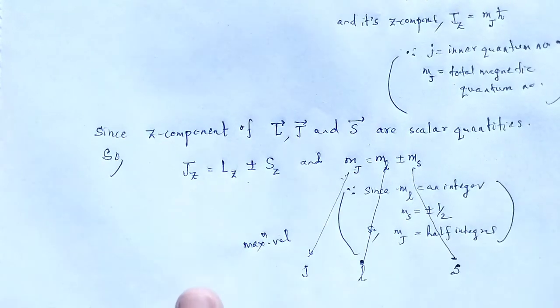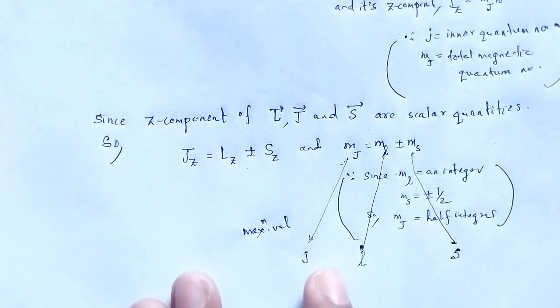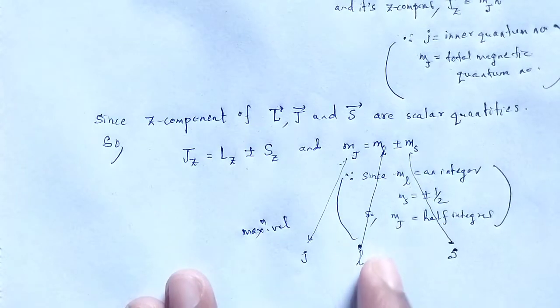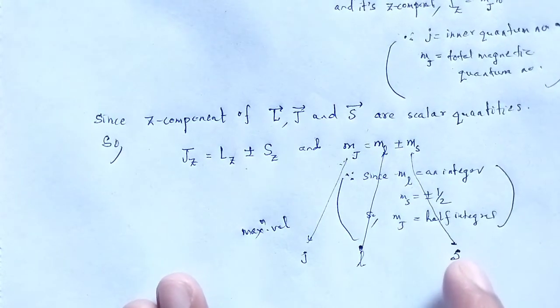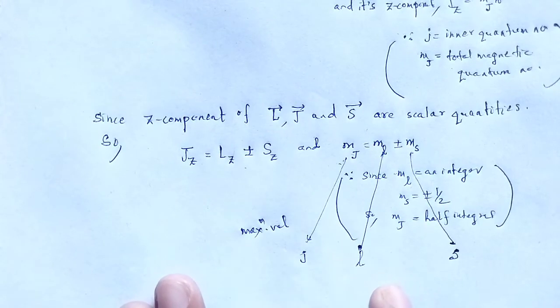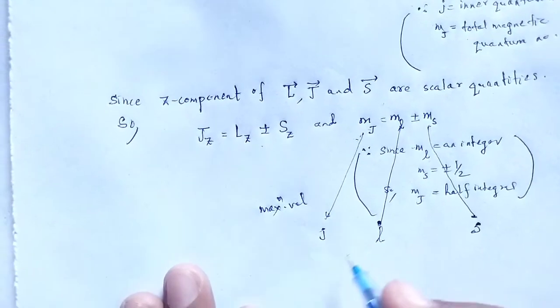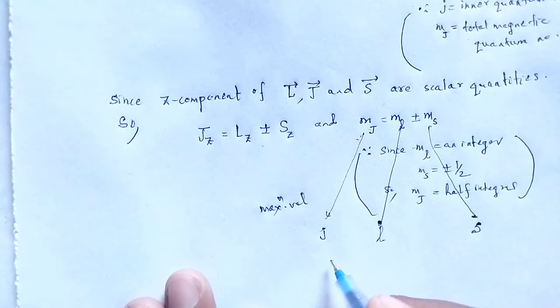The values lie within the range plus j and minus j, plus l and minus l, and plus s and minus s. Okay. So what can we write here?